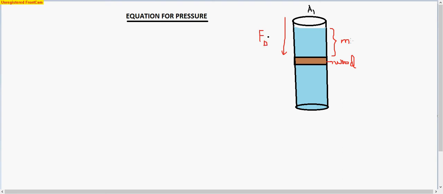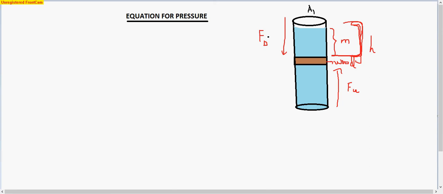Force is equal to mass into gravitational constant, m g, that is Fd. And we experience a force Fu from below, the buoyant force about which you will learn in future videos. Also consider this height h, height till here.